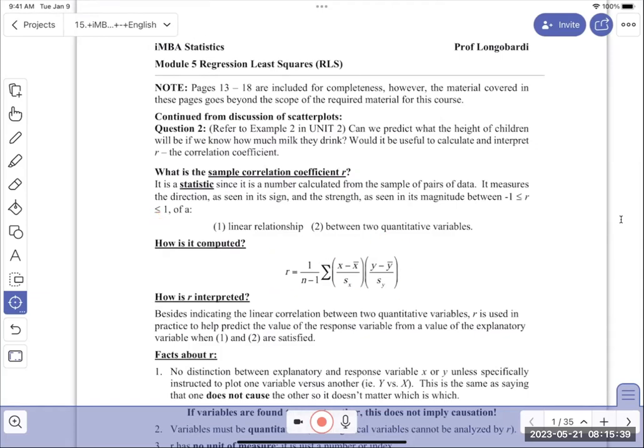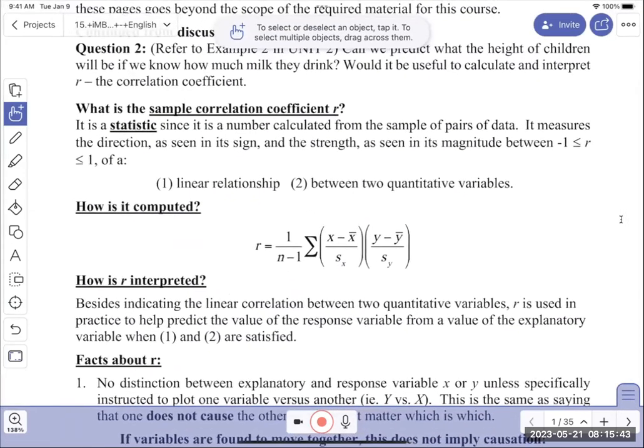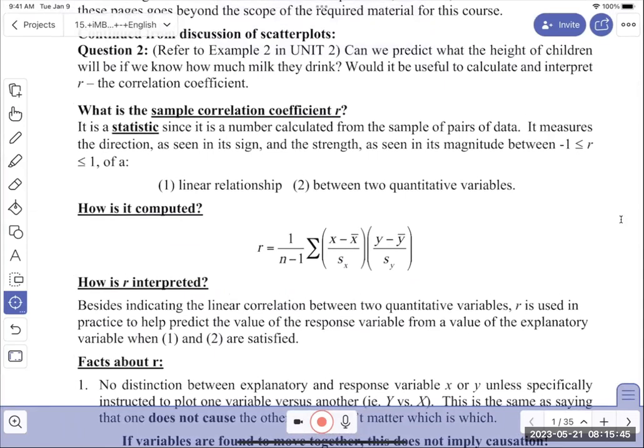And this is how we calculate it. When we look at this, what do we recognize about this calculation? What symbols do we recognize here? So we just left unit 4 where we learned about the normal distribution.